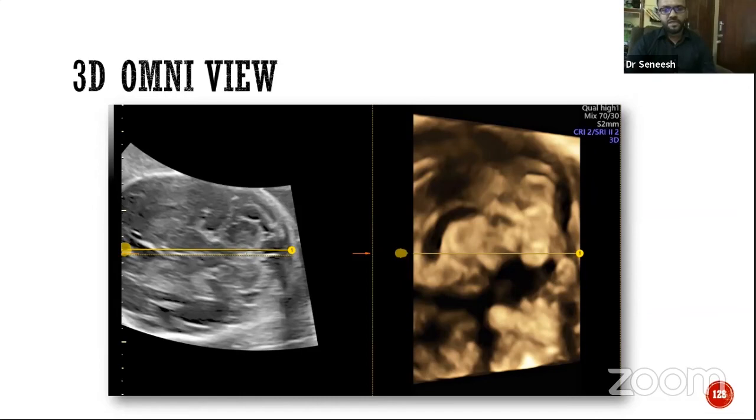And of course, you can go for other modes, such as render mode, and you can use 3D color Doppler as well to study the vascular lesions. So yes, 3D is most commonly required for evaluation of fetal CNS lesions.